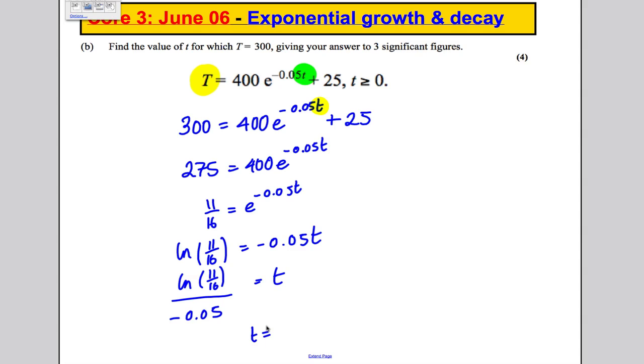Type that in your calculator. You get 7.49 to 3 significant figures, and that's correct. 7.49 to 3 SF.